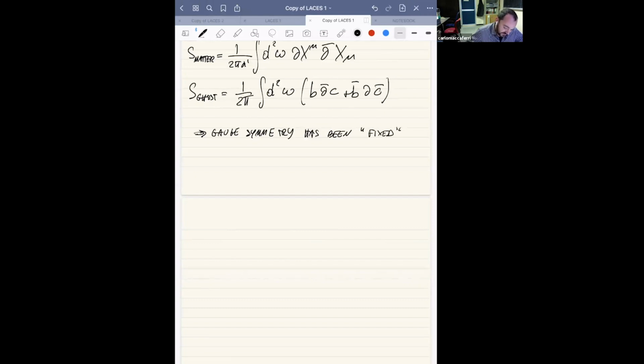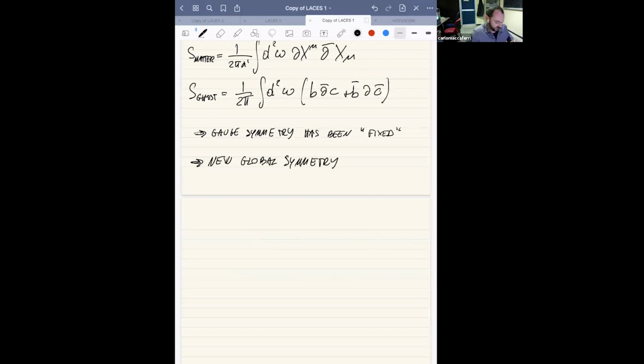In fact, this is not completely true because in this coupled system, gauge fixed action plus Faddeev-Popov Lagrangian, there is a new global symmetry. This is something very generic in any quantization of gauge theory.